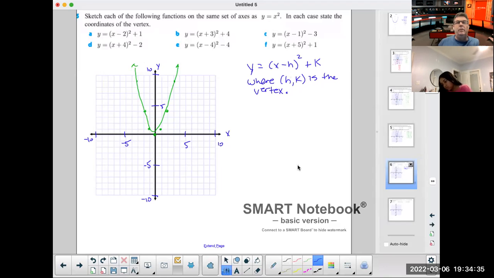So this is (x minus 2) squared plus 1. So the vertex is at (2, 1). Let's go ahead and plot that point. Wait, what just happened? I must have moved this.